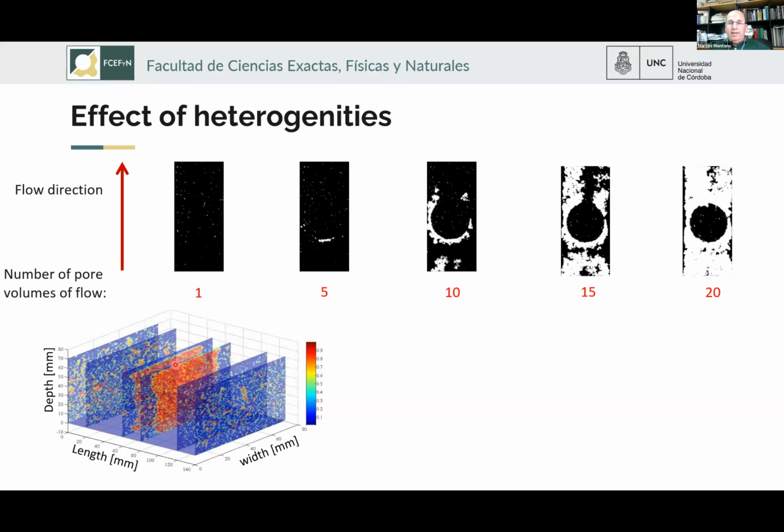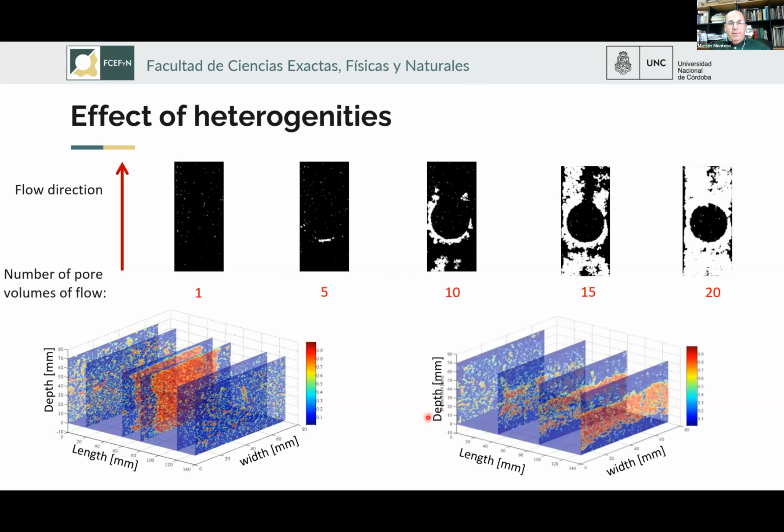The red color indicates the presence of NAPL. Red means high presence of NAPL. The same was observed for the case of the parallel layer sample, which means that the heterogeneities behave as a truly capillary barrier for the displacement of NAPL.